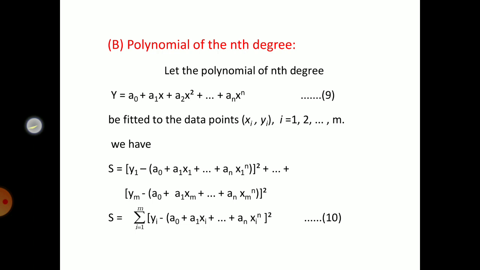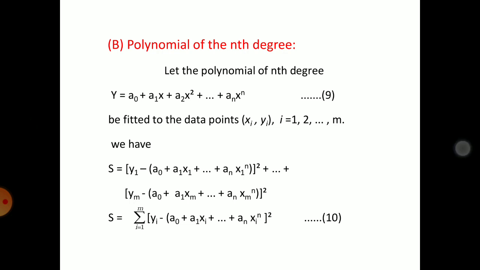And as with the procedure we used yesterday for a straight line, this will become a straight line if we consider y is equal to a0 plus a1 x.